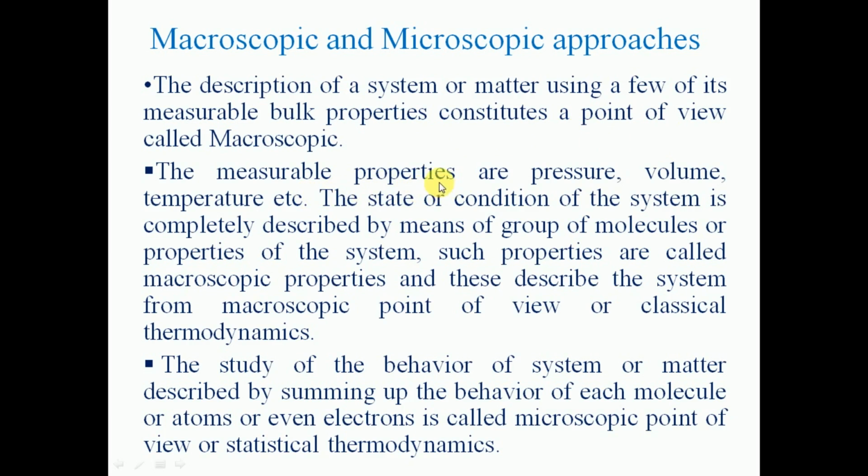The measurable properties are pressure, volume, temperature, etc. The state or condition of the system is completely described by means of a group of molecules or properties of the system. Such properties are called macroscopic properties, and these describe the system from the macroscopic point of view or classical thermodynamics.